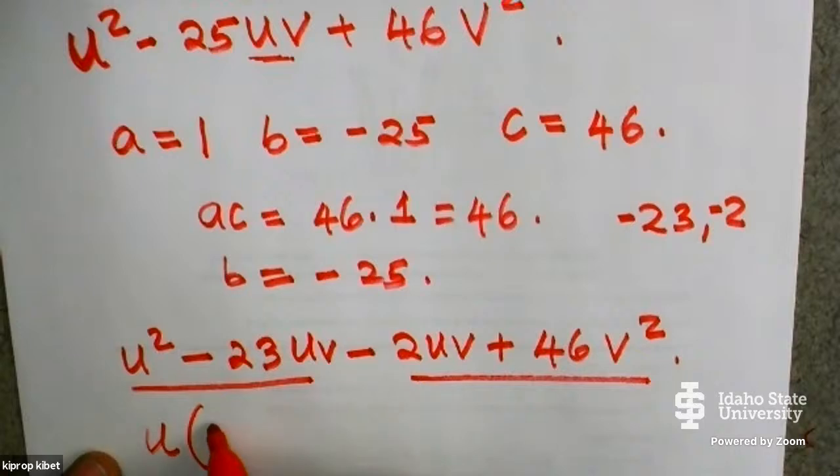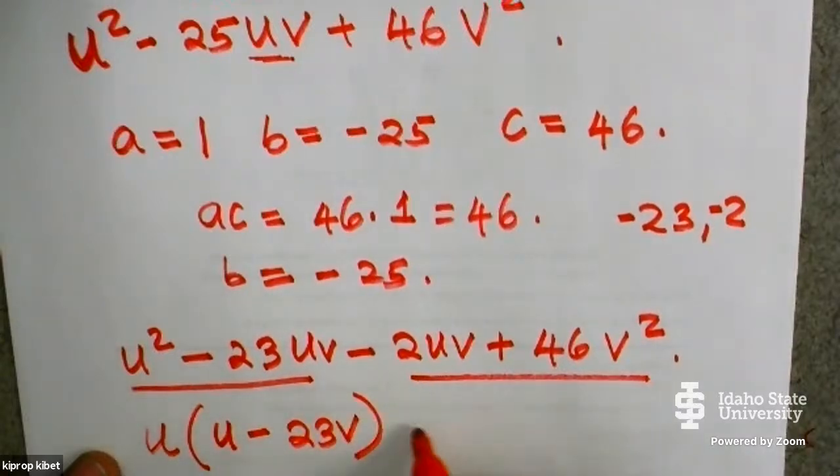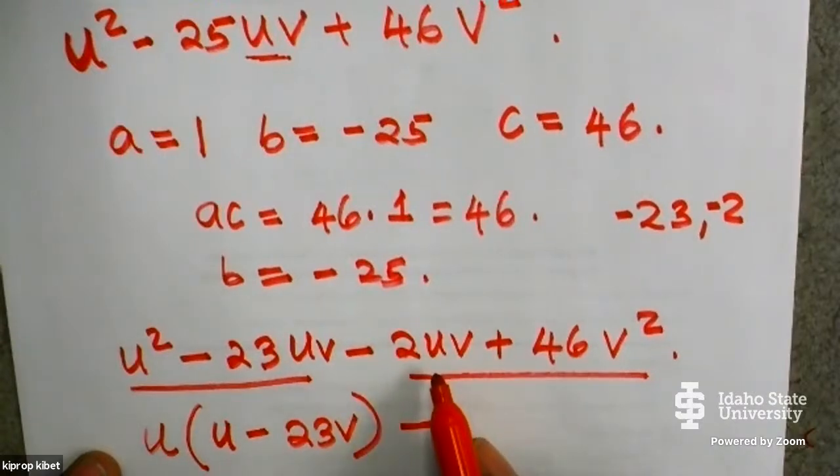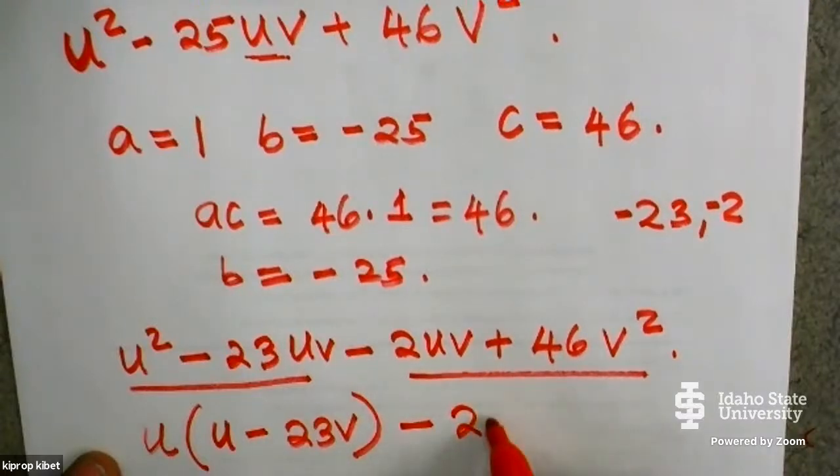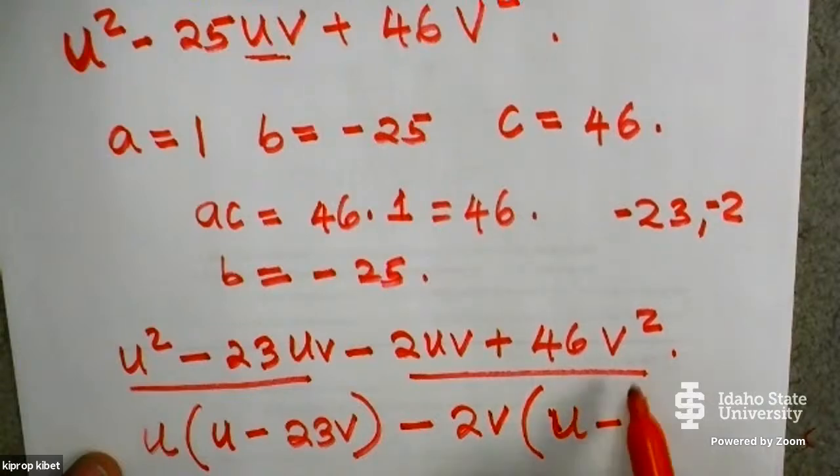And then u minus what? 23. Minus, you take this sign. What is our greatest common factor here? Negative 2v, right? And then what do you get? U minus 23.